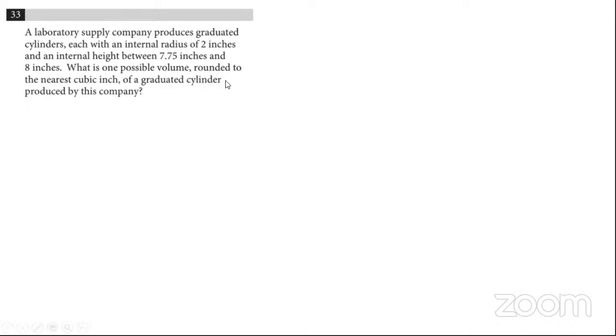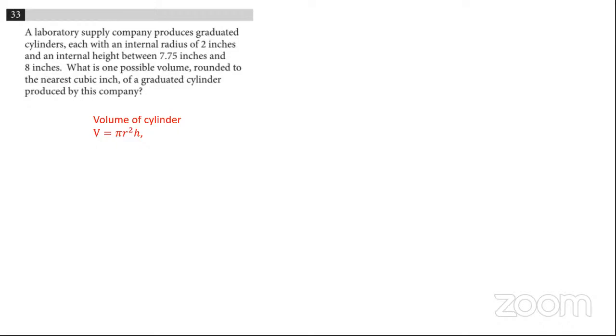Anyway, the volume of a cylinder is given by pi r squared h, where r is the internal radius and h is the internal height. So we are basically given graduated cylinders. We need to find the smallest possible volume and the largest possible volume, and any value in between these two values is a possible solution.